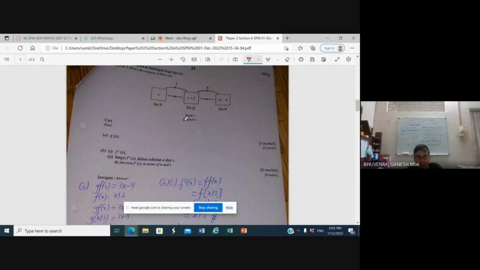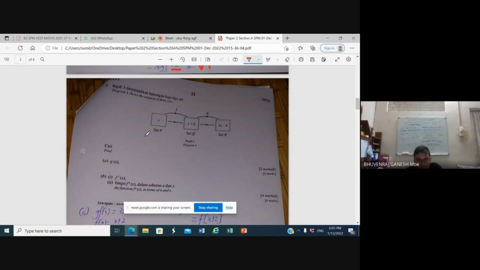Okay, so now we see, right, got 3 functions here, right? P, Q, R. So how we see is x is related to x plus 2 by function f. We follow the arrow here, okay? So x plus 2 you relate to 3x minus 4.